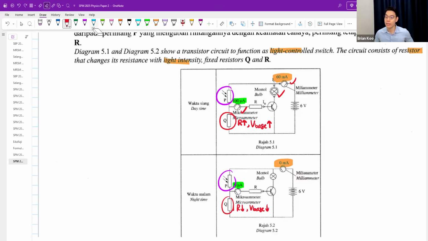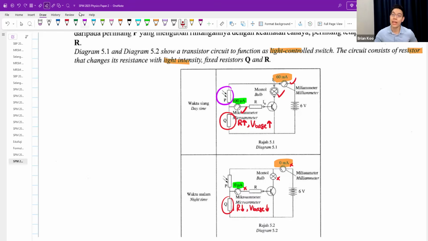Therefore, there's no base current, no collector current, bulb also doesn't light up. So that's why I always tell my students, when you want the whole circuit to work, you must always make sure the base is the one underneath here. Base is always down here. The base must have a high enough voltage. If the voltage is not high enough, it will not turn on the whole thing.